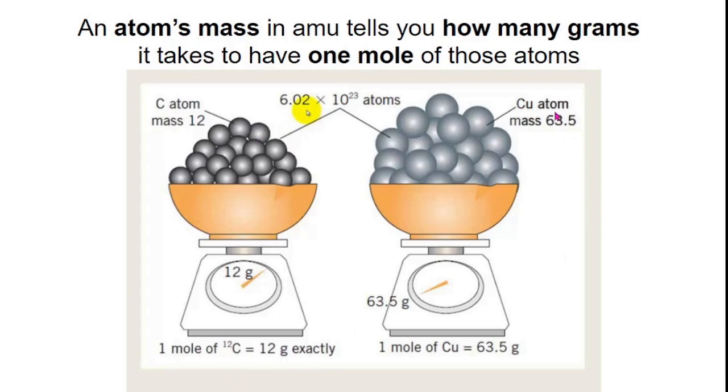Copper, if you go to the periodic table, you see that the atomic mass for copper is 63.5. Well, when you have 63.5 grams of copper, you have 1 mole of copper. And 1 mole just means you have 6.022 times 10 to the 23 atoms.